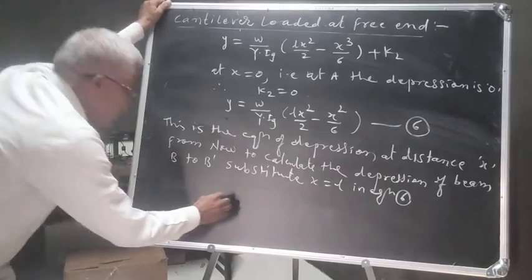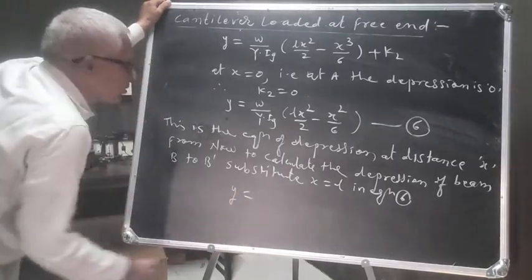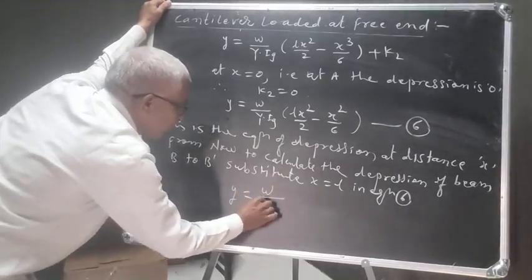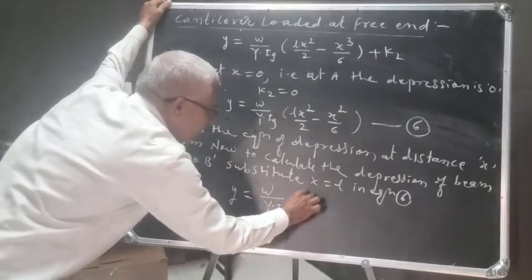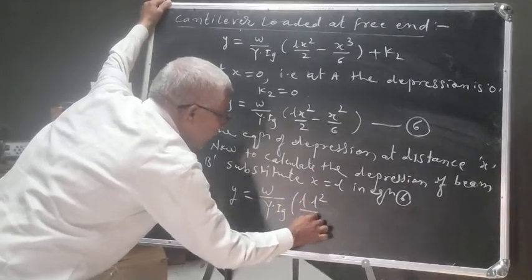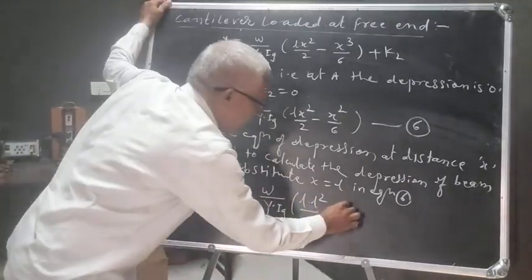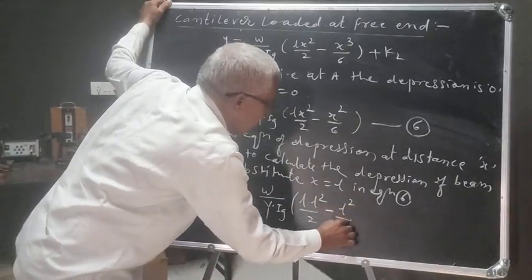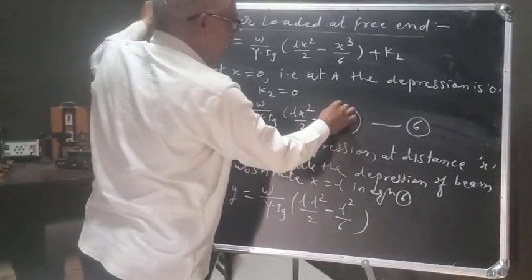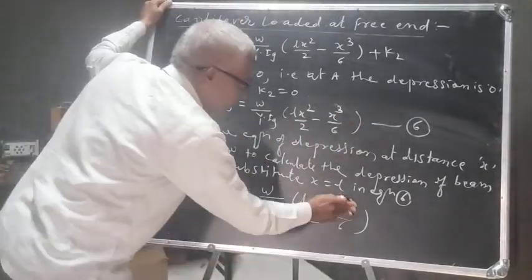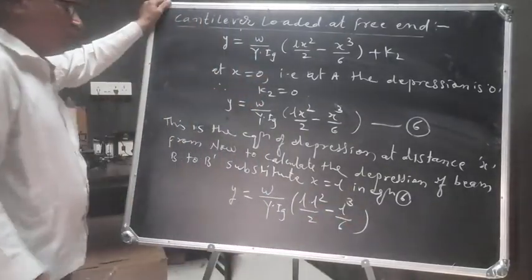This gives us y equals W upon Y into Iz, into (L into L square upon 2 minus L cube upon 6).